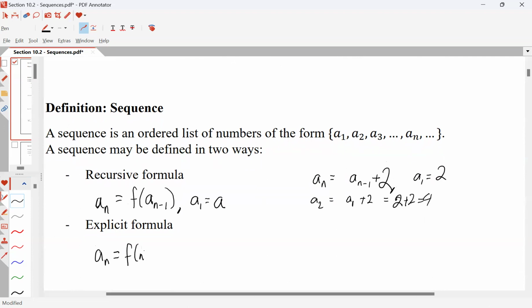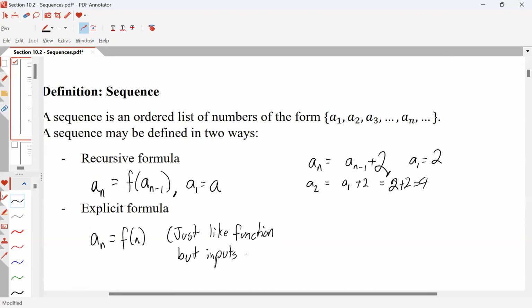So this is just like a function, but our inputs are only whole numbers and mostly non-negative whole numbers. So when we're working with the explicit formula, it is like a function.